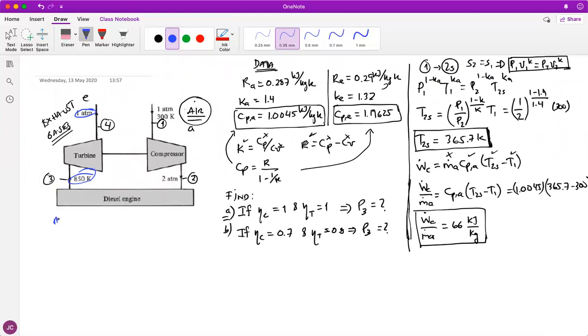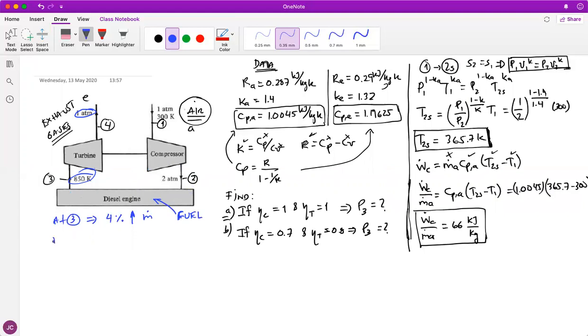It's saying that at 3, what you have is 4% more mass flow, okay? Due to the combustion, what you put into the diesel engine, you put fuel into it. And that fuel will add to the mass flow that you got from 2.